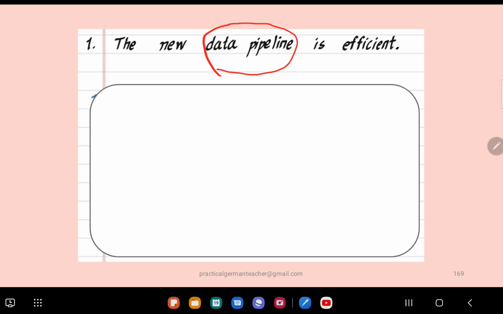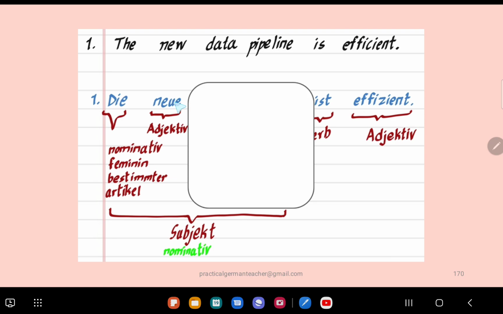So I can use this in daily life. The new data pipeline is efficient. Again, you don't need to know how to say data pipeline in German, but you should know how to say efficient, right? You should know how to say new. Also here you are using an adjective. It will be in nominative case. It is after a bestimmte article, and data pipeline is Daten pipeline. Daten pipeline is neutrum. So after a bestimmte neutrum article in nominative case, it will be neue, so you add e.